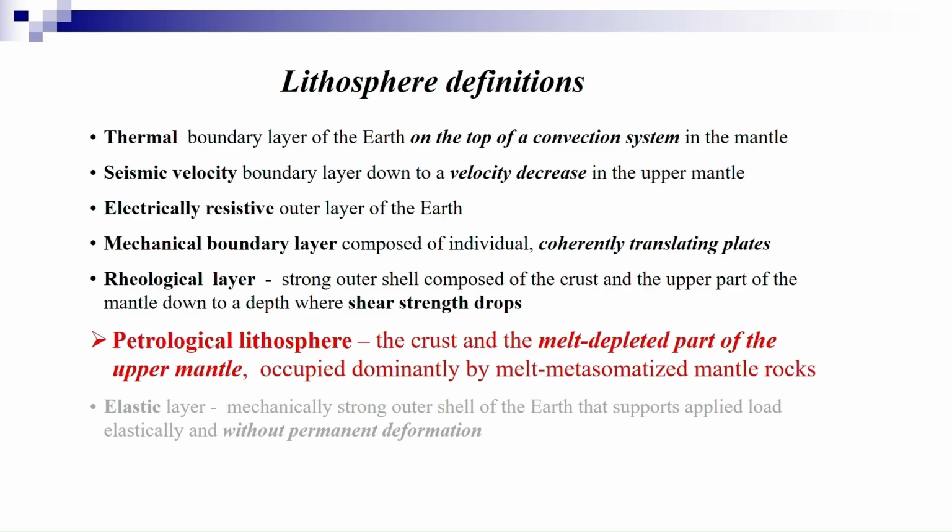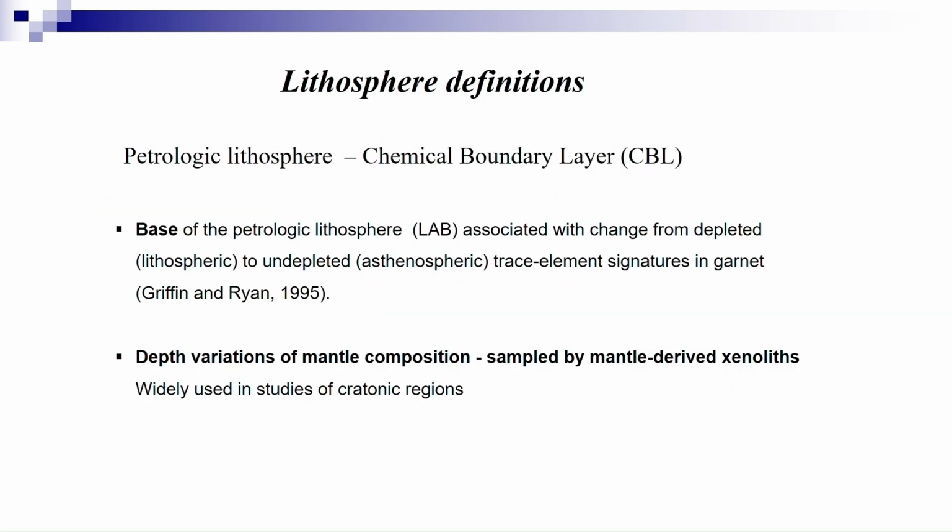Petrology defines the lithosphere as the crust and the melt-depleted part of the upper mantle, occupied dominantly by metasomatized mantle rocks. This is a kind of chemical definition of the lithosphere.